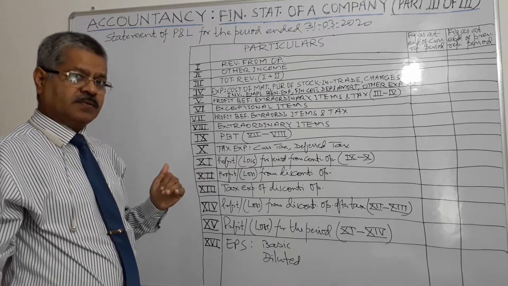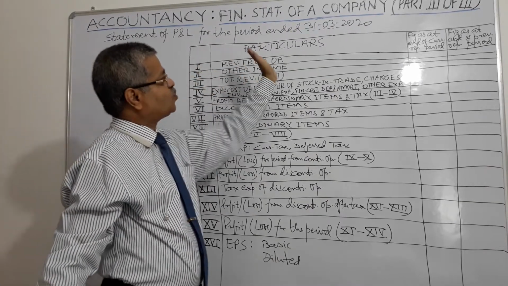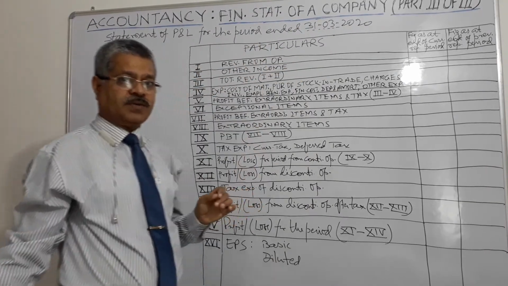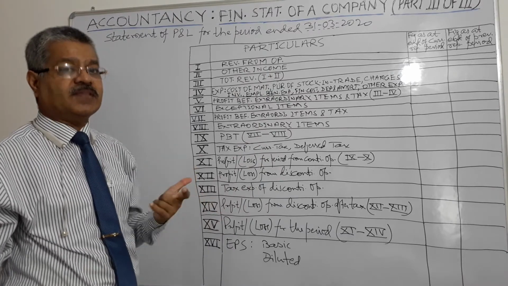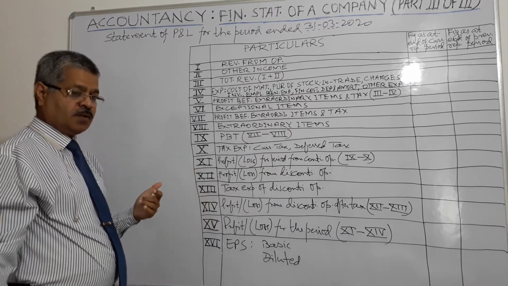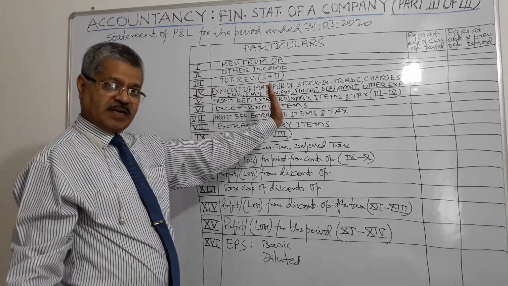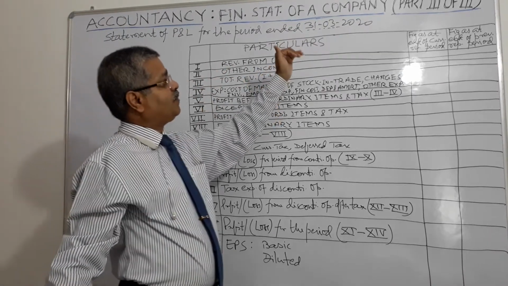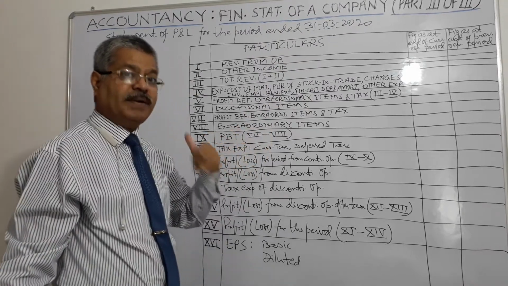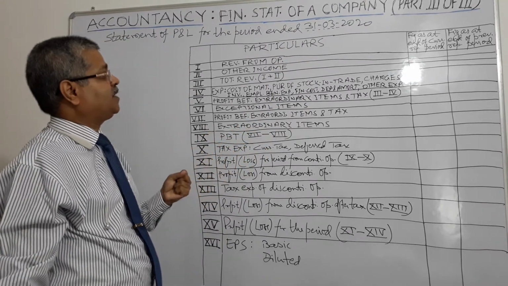Take another case. Suppose we are talking of XYZ Limited company, which is a banking or finance company. We are not talking of ABC Limited, a pen manufacturing company. We are talking of XYZ Limited, a banking company or a finance company.